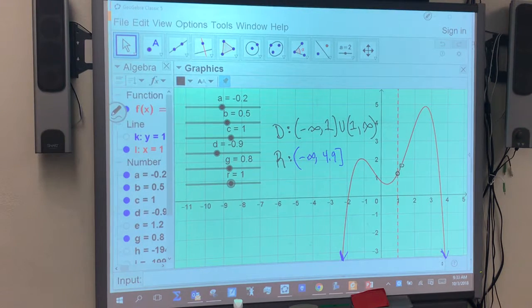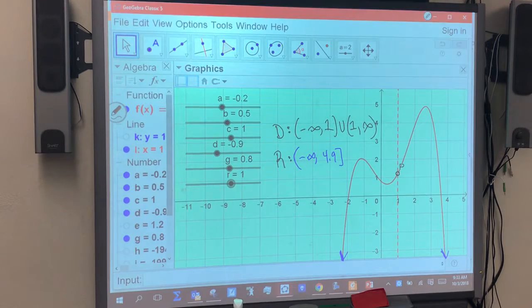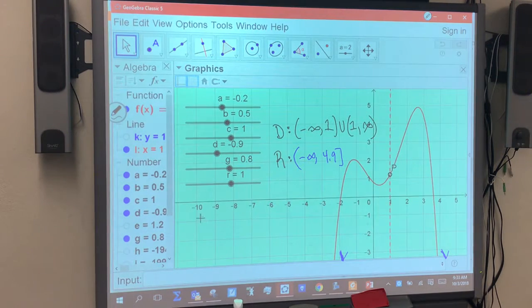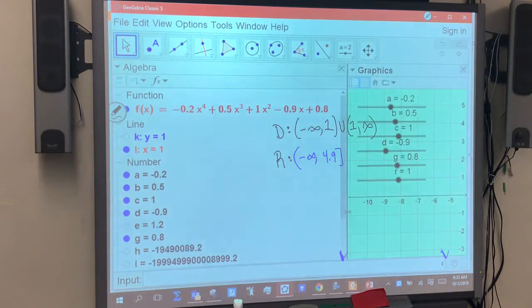Now let me show you algebraically what that graph would look like if there was a hole there. It'd be the f of x function, and then we'd have that times (x minus 1) divided by (x minus 1).